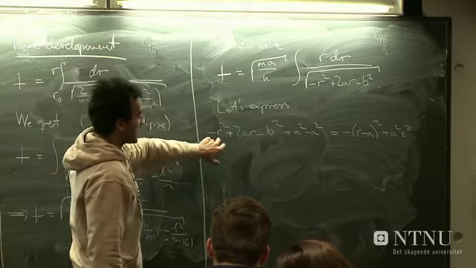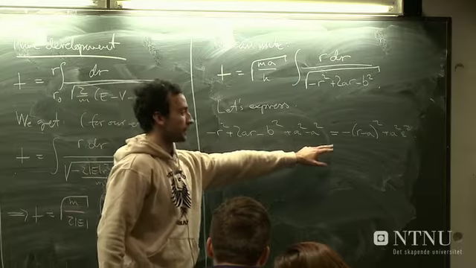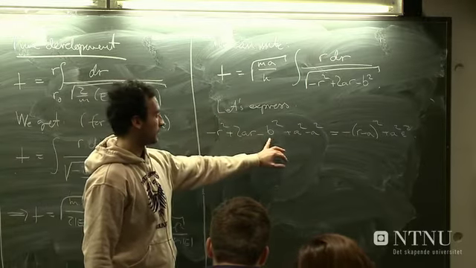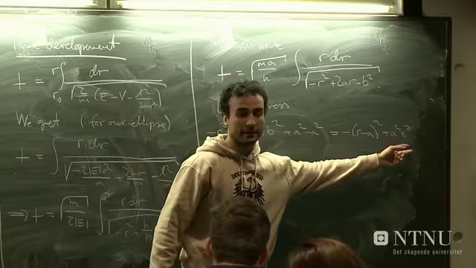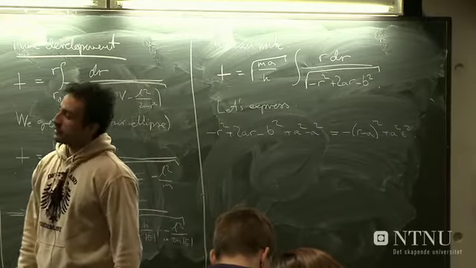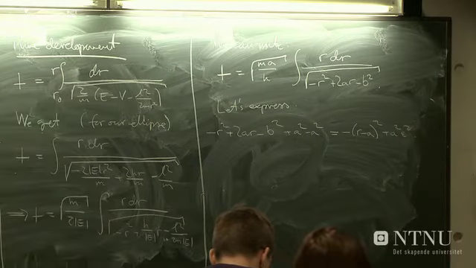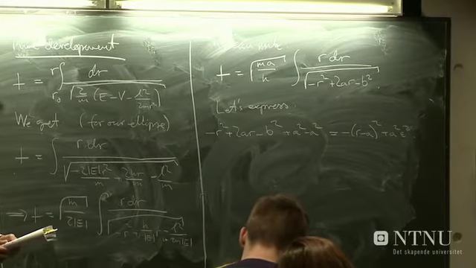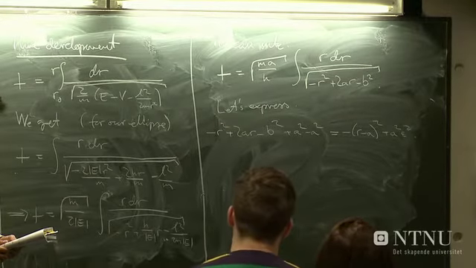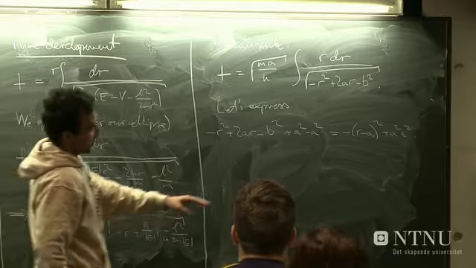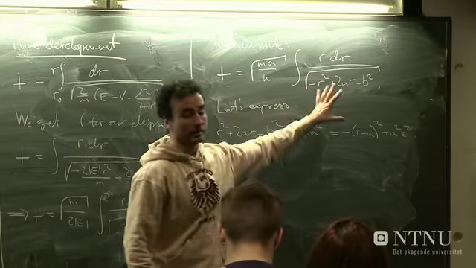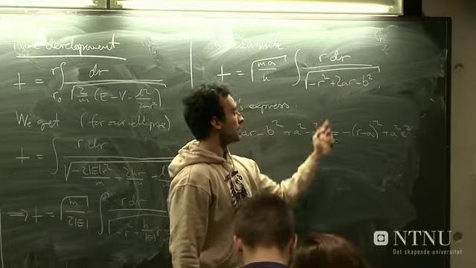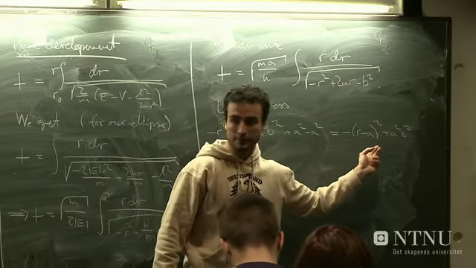So I combine these three terms into this term here, and the rest is expressed by the eccentricity defined over there. So it means that we can write this term under the root sign like this. So we have r dr divided by the root of this.